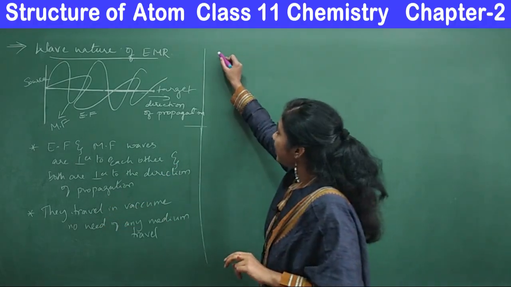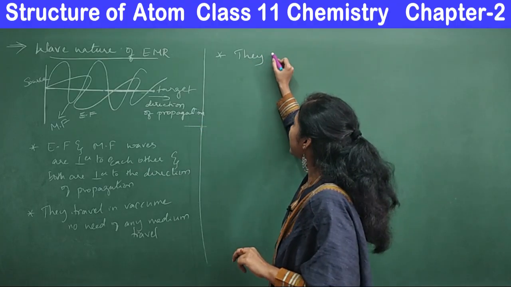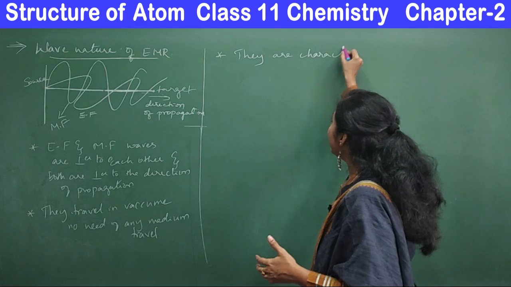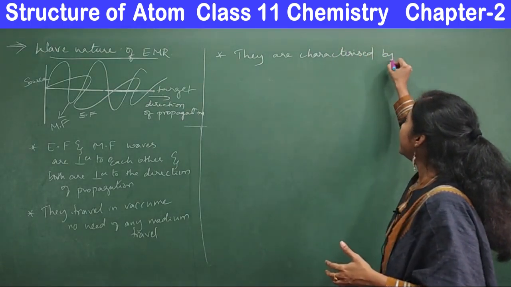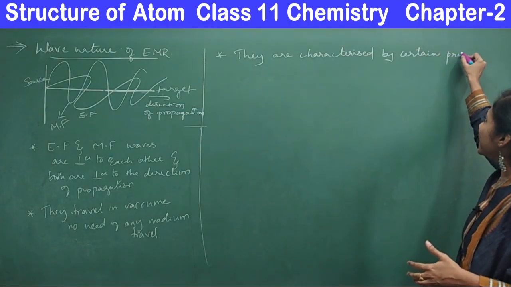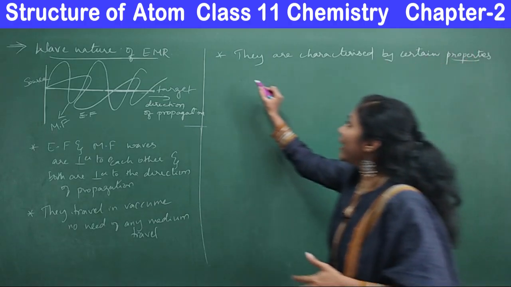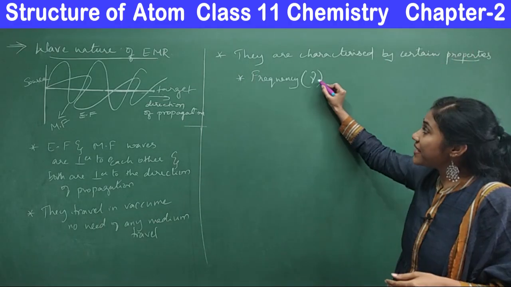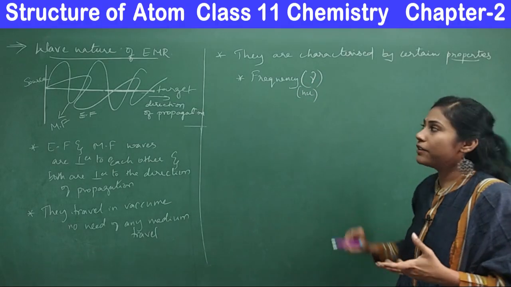The next point is, these electromagnetic radiations are characterized by certain properties. So what are these properties? We have frequency, whose symbol is nu.